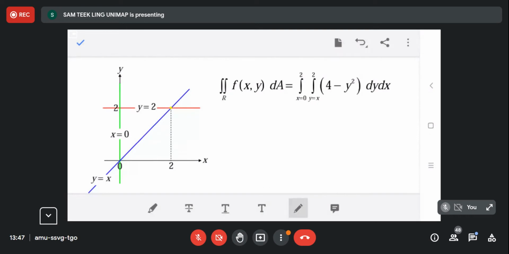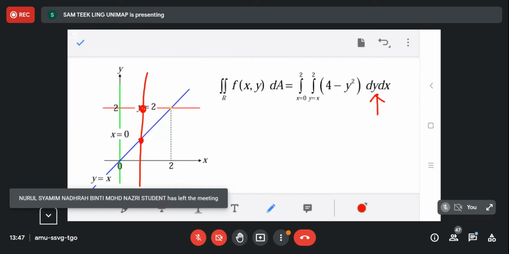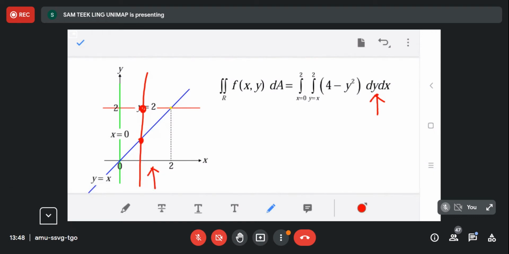So first one, y, dy. So draw one line like your y-axis, which touches your area region. Also our limit for y starts from the bottom, then goes up.